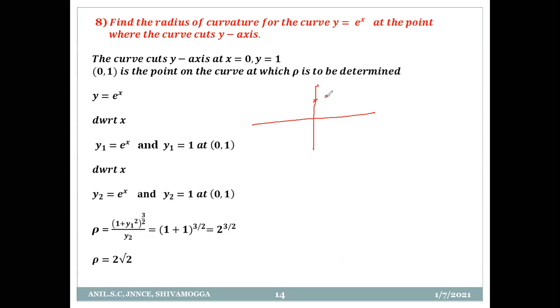On the y-axis, the x coordinate is always 0. Since x is equal to 0, the given equation will be y is equal to e power 0, and e power 0 is 1. Therefore, x comma y will be 0 comma 1. x is equal to 0 and y is equal to 1. This is the point at which we find rho. 0 comma 1 is the point on the curve at which rho is to be determined. Rest is very simple. You do this.